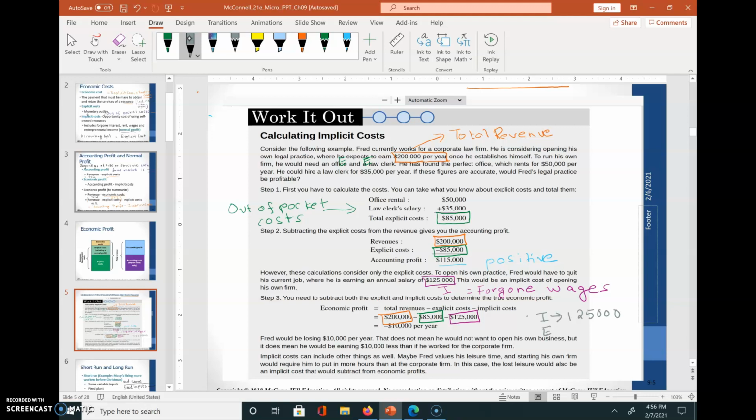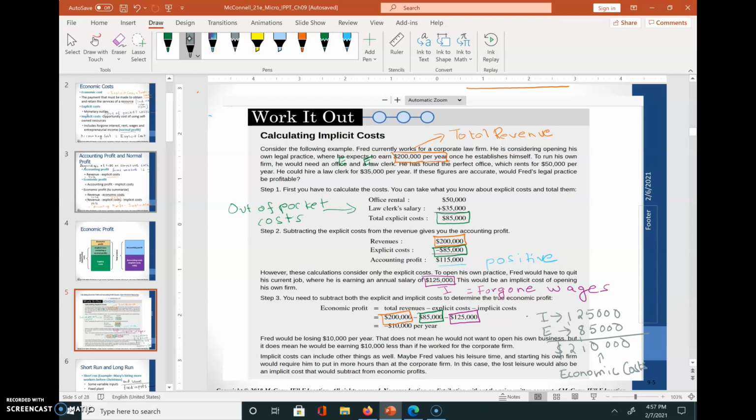Then from step 1 we have the explicit cost, which is $85,000. If we do the math here, we have $210,000. So this explicit and implicit, this becomes part of the economic costs of production.